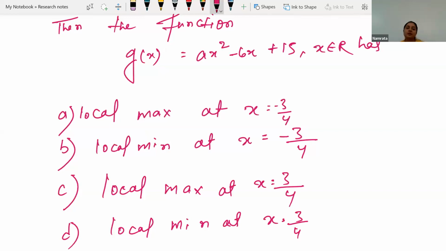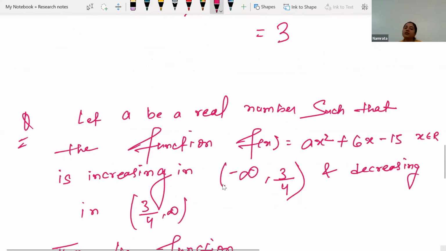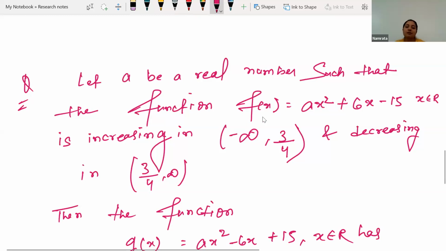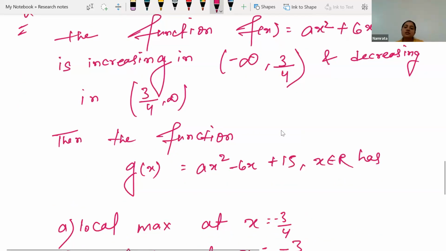Let's check. So here we are having: let a be a real number such that this is the function we are having. f of x is equal to ax square plus 6x minus 15, is increasing in this interval, decreasing in this interval. So then the function g of x, we have to check whether it is increasing or decreasing and what is the interval.